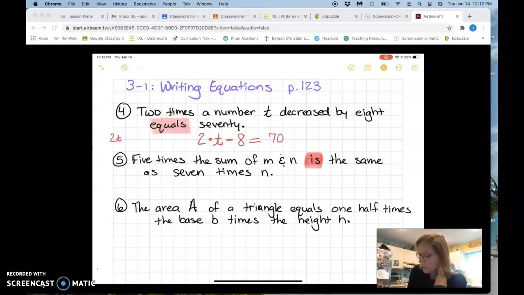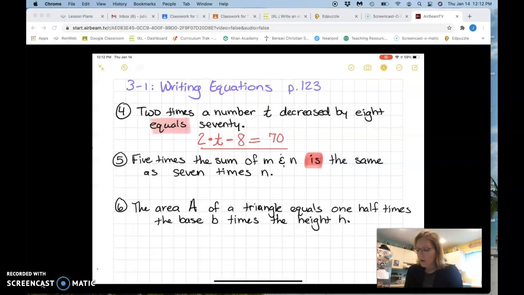And then after I write it down, I just go over the equation again and make sure it matches the sentence. So I have 2 times t minus 8 equals 70. 2 times the number t decreased by 8 equals 70. So both of those say the same thing, so I'm good.